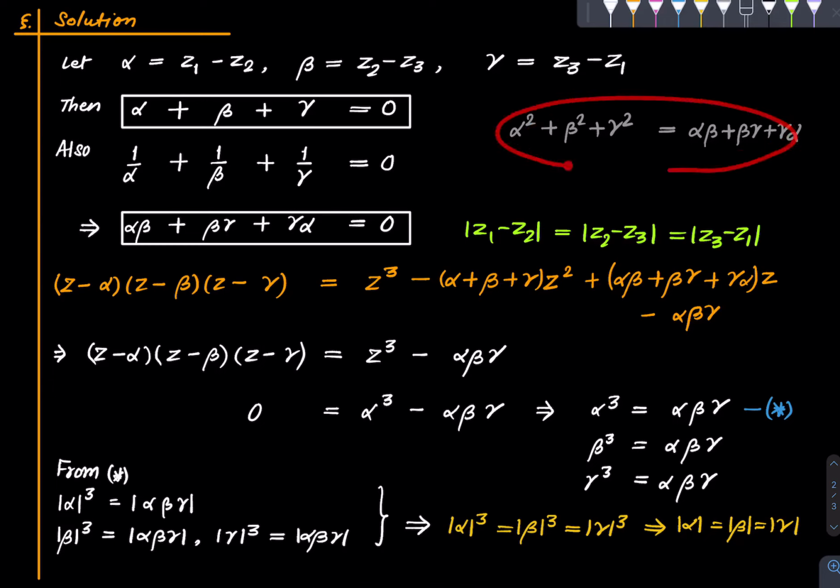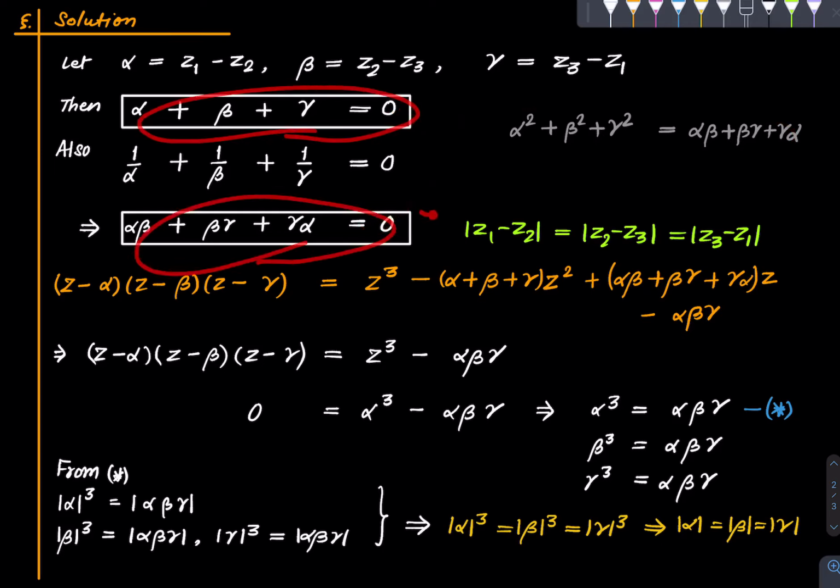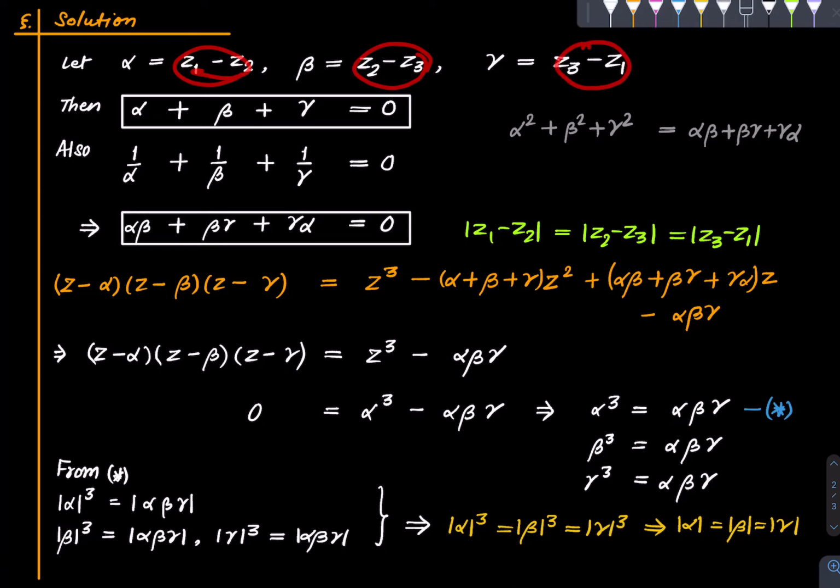So one could use this and finish the problem, because once you have these two equations, you can easily show that this holds, and therefore alpha, beta, gamma are the vertices of an equilateral triangle. And from there, you can also conclude about z1, z2, z3. But what I did is much more straightforward, and I would say much more pleasing than using some previously proven thing. Much more direct and very nice.